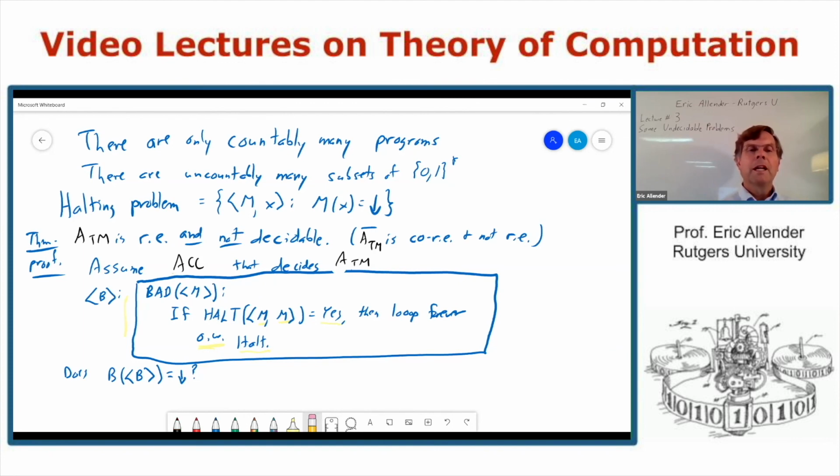On input M, if we call accept on this input M, M is yes, then we halt and reject. Else we will accept.